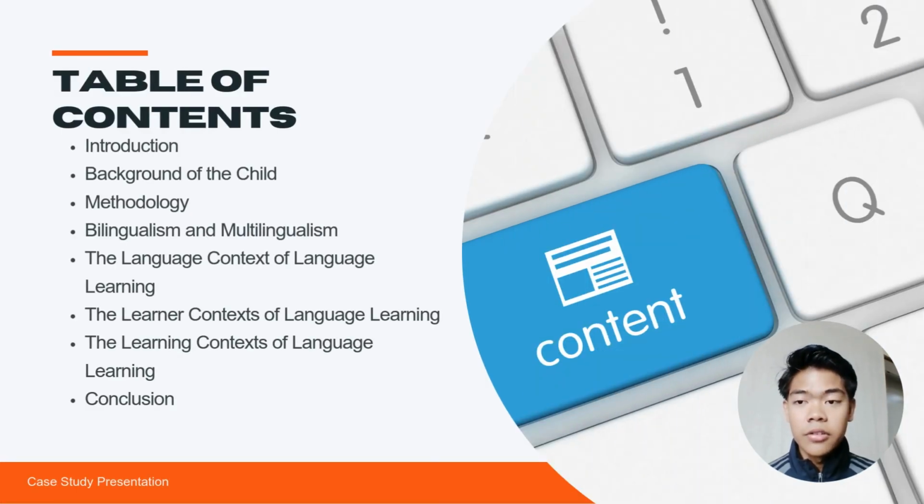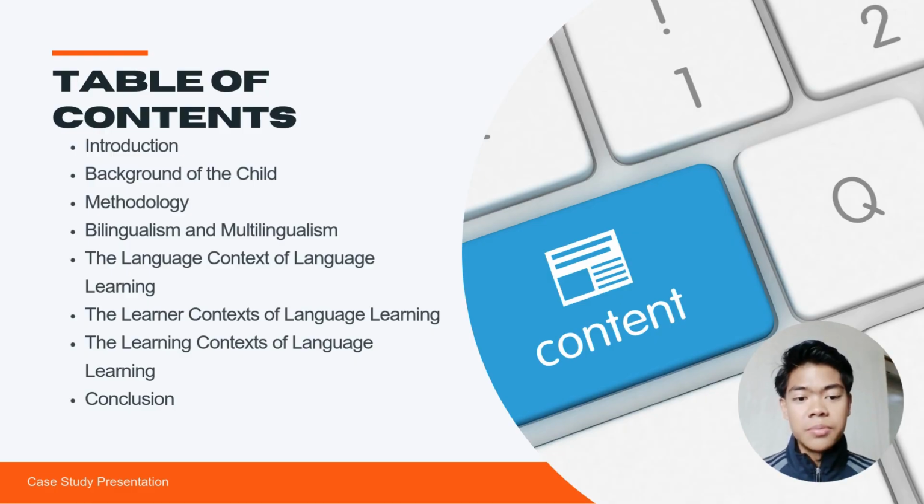All right, before we move on to what I'm going to be explaining in my oral presentation, let me first introduce shortly what I am going to talk about. I have made this table of contents regarding what I am going to speak of. The first one, of course, in any oral presentation, we need an introduction. So I will be explaining a little bit about bilingualism and multilingualism in language learning.